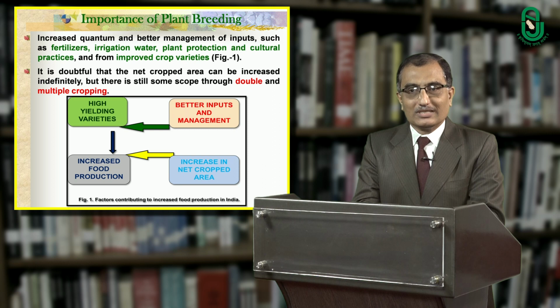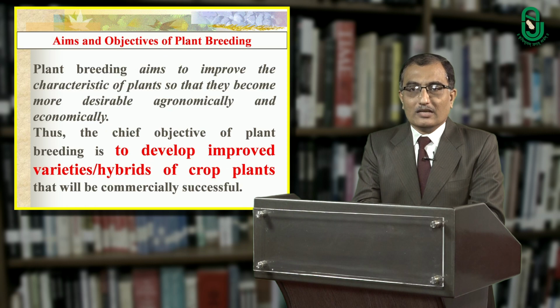So food production can be increased by developing high yielding varieties as well as hybrids. Now we are going to learn about the different aims and objectives of plant breeding. Plant breeding objectives can be various and can be modified from crop to crop also. So plant breeding aims to improve the characteristics of crop plants so that they become more desirable agronomically and economically.